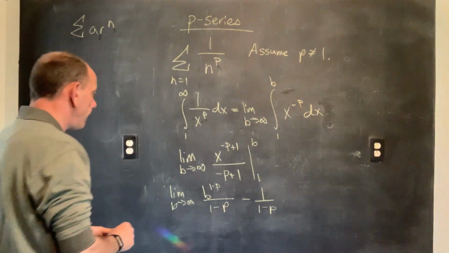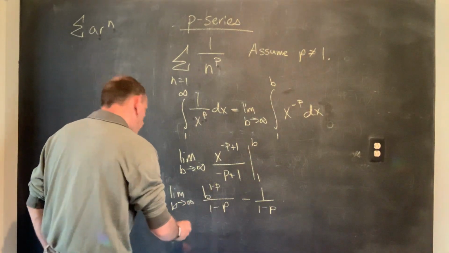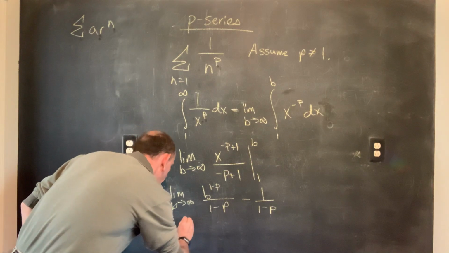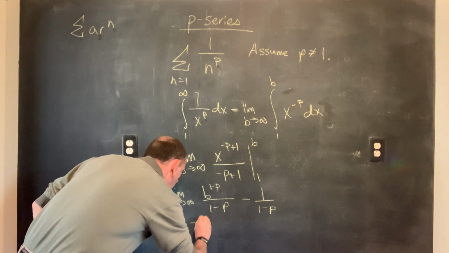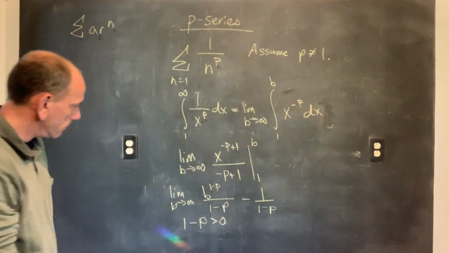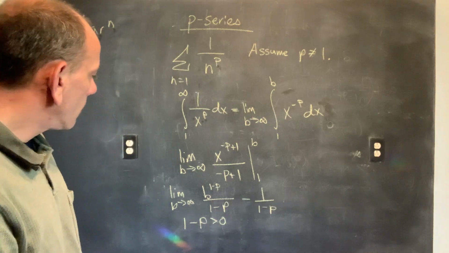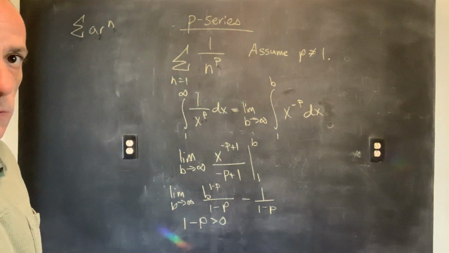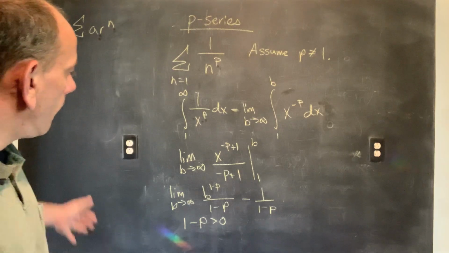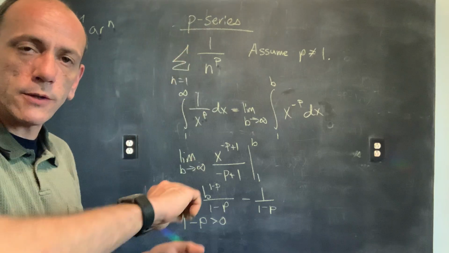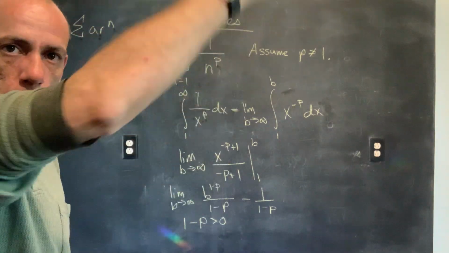So let's see, if 1 minus p is anything bigger than 0, then that thing's just going to grow. It might be a root if it's something between 0 and 1, but it's still going to grow forever.